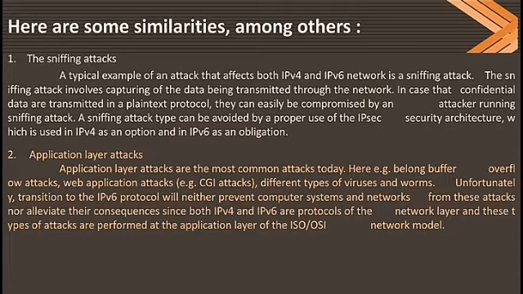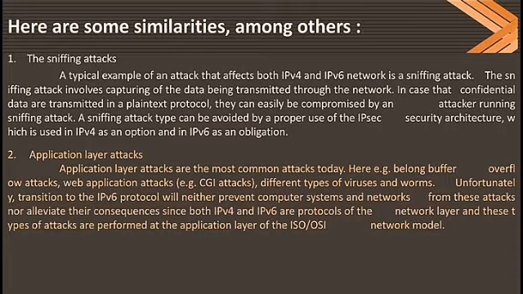2. Application layer attacks. Application layer attacks are the most common attacks today. Examples include buffer overflow attacks, web application attacks such as CGI attacks, and different types of viruses and worms.